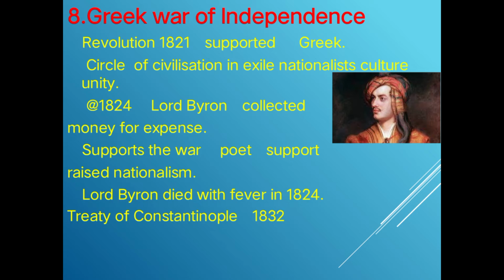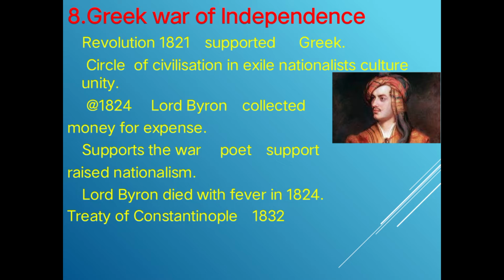The Greek War of Independence in 1821 was supported by the people who were in exile. A number of people who were sent out of the country for being in rebellion were helping the protesters within the country.